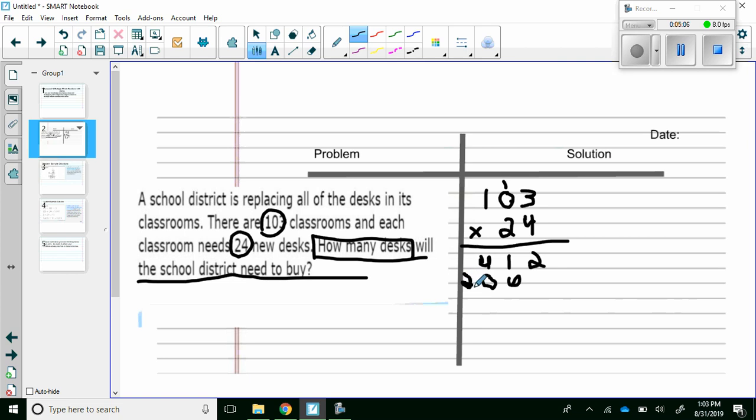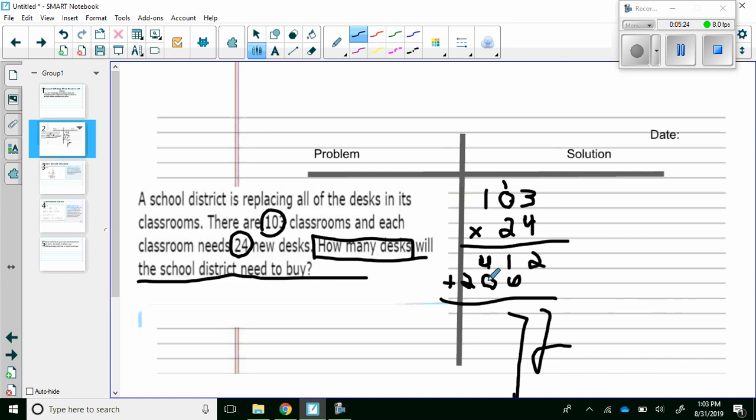And there's my 2. So now that I have all of that finished, I want to add both of those together. 2 plus 0 here is 2. 1 plus 6 is 7.